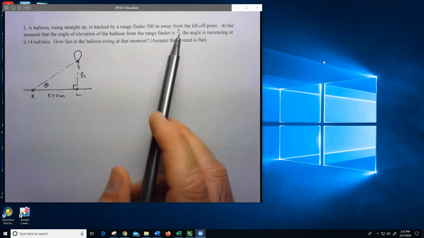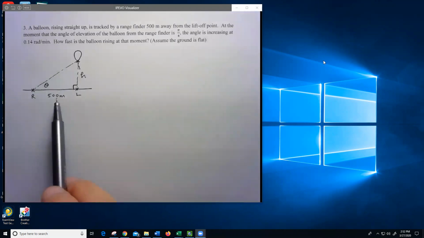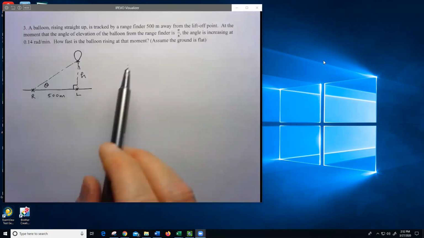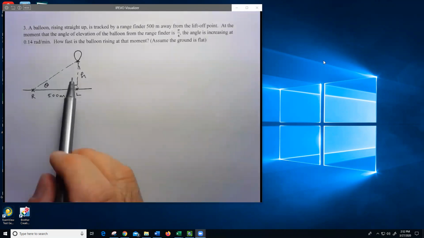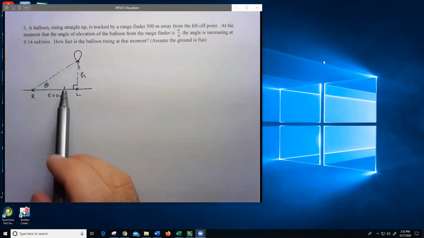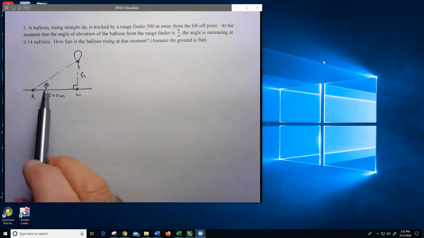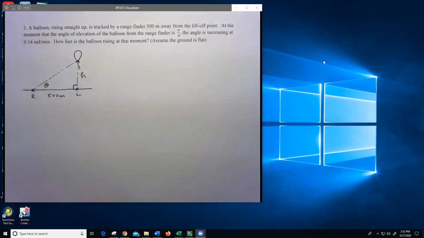This represents one particular moment in time, which is why I'm not putting it on my diagram because I don't want to incorporate this. So when it's exactly equal to pi over 4, will this side and that side be equal? Okay, yes, okay. But what I'm trying to represent here is a general moment in time, okay? And this is one of the most important things to remember when you're drawing these diagrams.